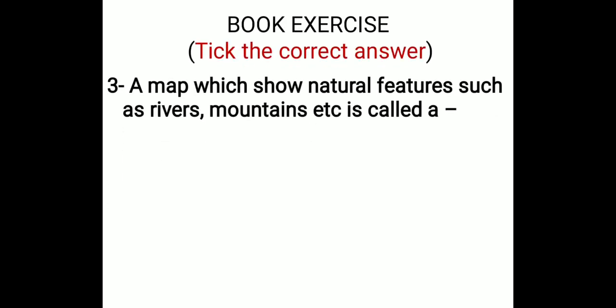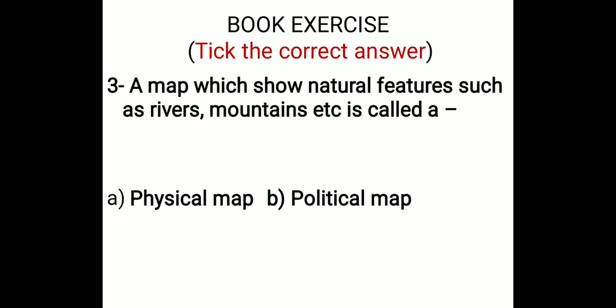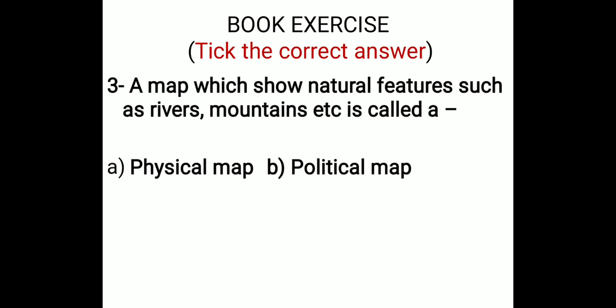A map which shows natural features such as rivers, mountains, plateaus, etc. is called a, and the options are physical map or political map.